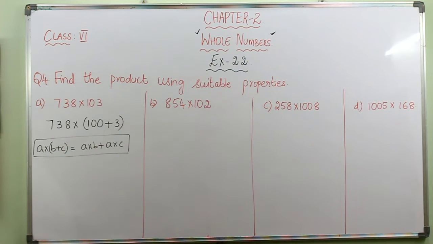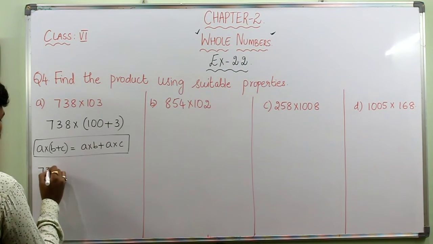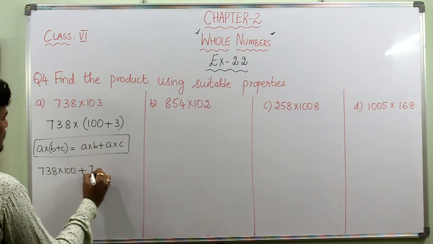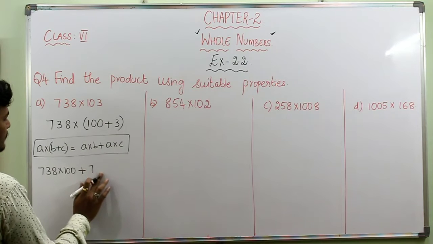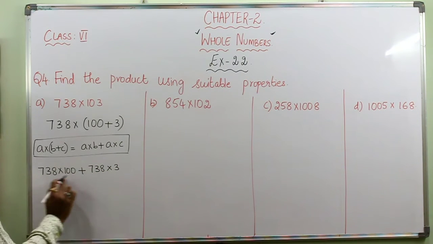Distributive property over addition. So now you can write it as 738 into 100 plus 738 into 3. This will become easy, right?